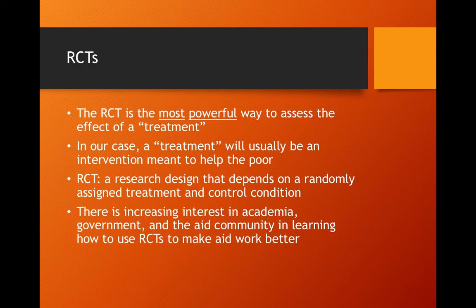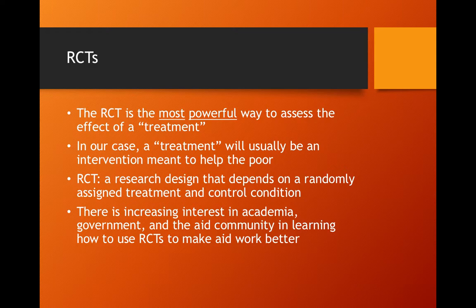So how these are done is you take a group of people who might be the potential targets of an intervention. So say it's an intervention to give people free grain. You take a sample of people who are the kind of poor people who would typically be the target of that kind of intervention. And then you randomly choose a set of those people to get the intervention, to get the free grain, and the rest do not get it. And then you measure the outcomes.